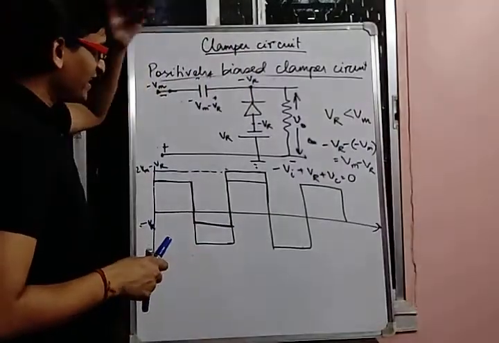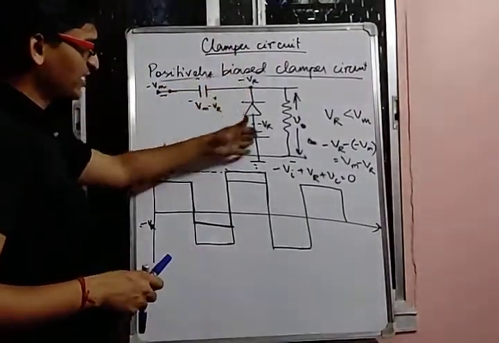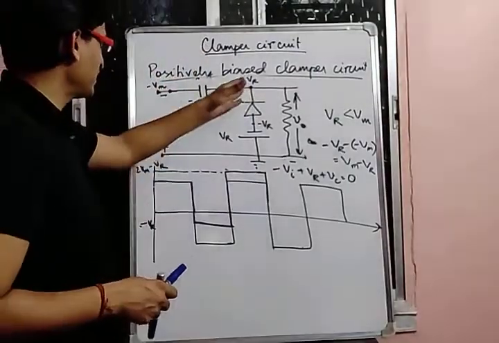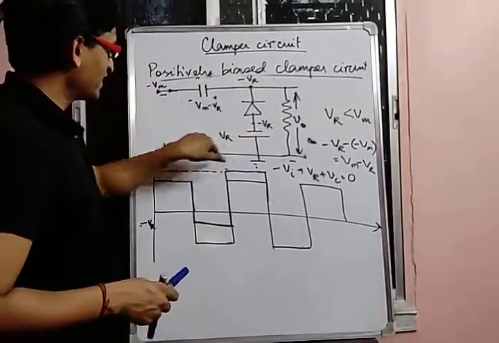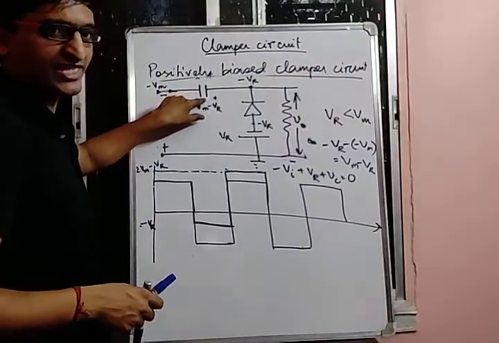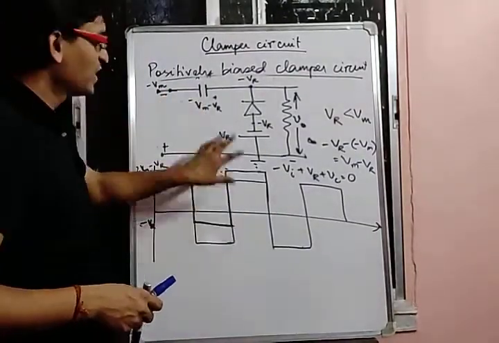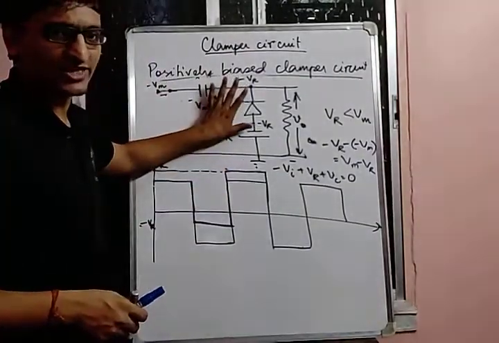So you can easily see that this voltage and this voltage will cancel out each other during the negative cycle. As a result there will be no net voltage.